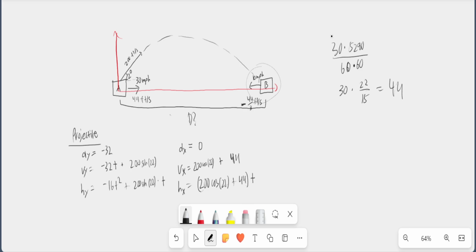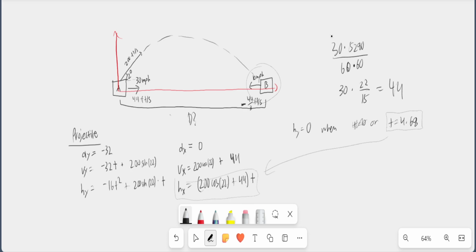So let's see where this lands. When will height y be equal to 0? Do you have a calculator near you, or should I do it? 4.68 seconds. 4.68. Okay. So this is the one we want. We don't need this one because we know it starts at the origin. And we want to see, at t equals 4.68, how far does our thing go?